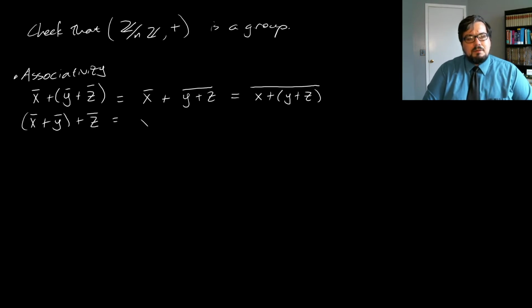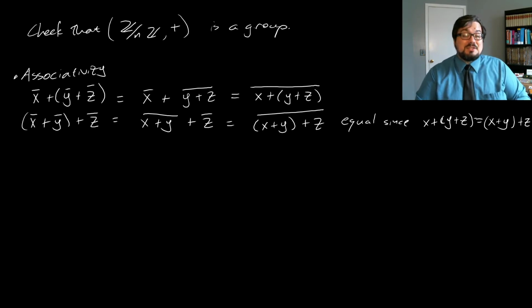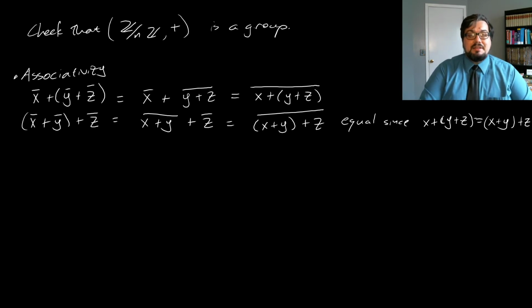Going the other way, we have x plus y bar plus z bar, and that's going to give us x plus y in parentheses plus z bar. And these two are equal since x plus y plus z equals x plus y plus z. Basically, because addition is associative on the integers, it's also going to be associative on this set Z mod NZ.